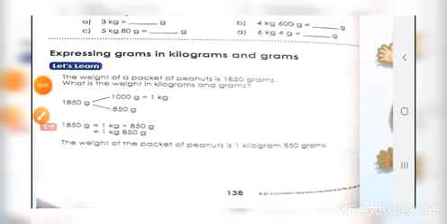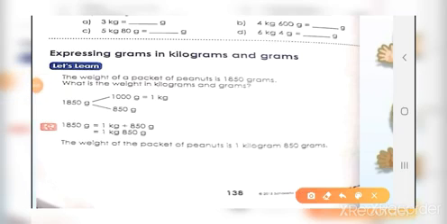Now if you look at the same page, expressing grams in kilograms and grams. So the weight of a packet of peanuts is 1850 grams.